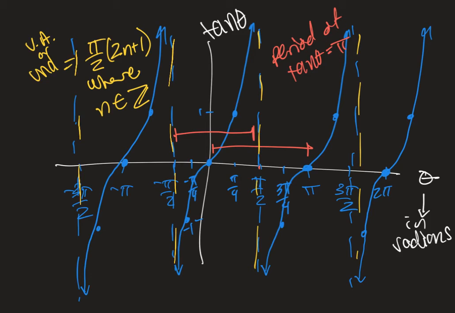So the domain is restricted. It can't be any of those values in yellow. It's going to be all the values in between those vertical asymptotes. But our range is unlimited. Our range is going to go from negative infinity to infinity. It is all real numbers.